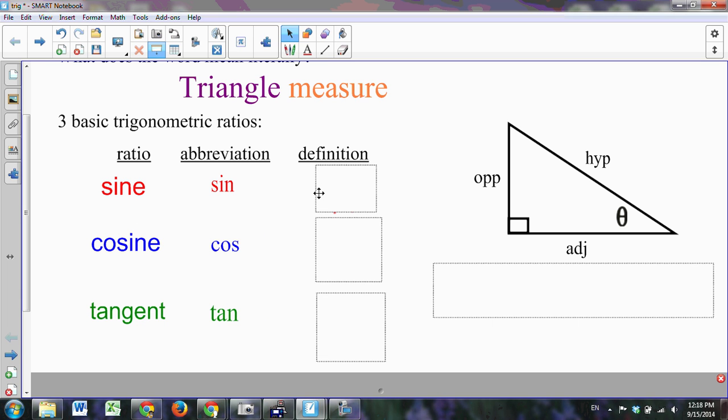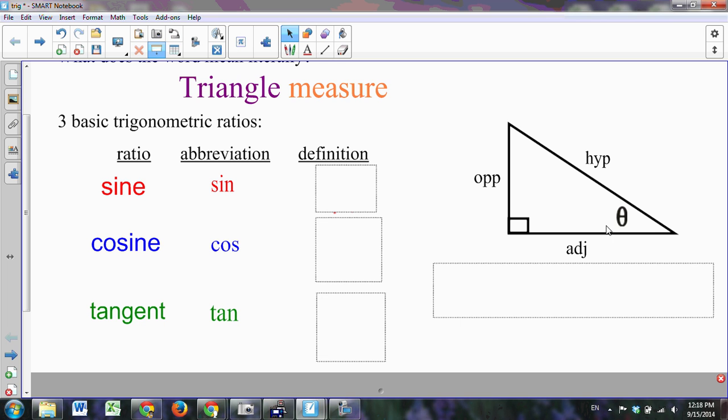Now, the definition of sine. The sine of what? Well, sines are ratios. A ratio is like a fraction. So what ratio gives us the sine? Well, we're talking about an angle, and this angle theta, that's the Greek letter theta. Theta has a sine, theta has a cosine, and theta has a tangent.